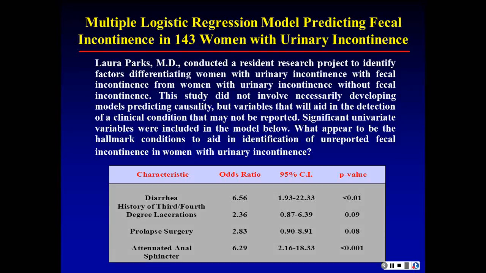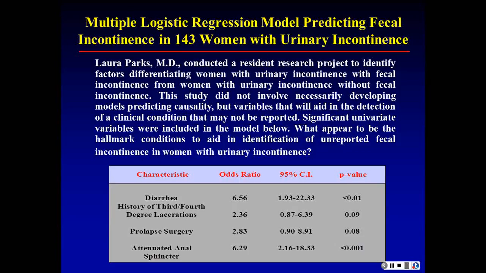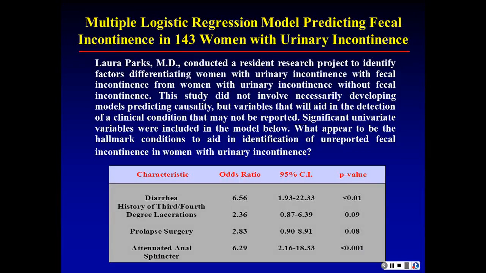But yet, of these 4 variables, what are the 2 really hallmark conditions for having unreported fecal incontinence in women with urinary incontinence? Which of these 4 had the highest p-values, or I should say the lowest significant p-values?